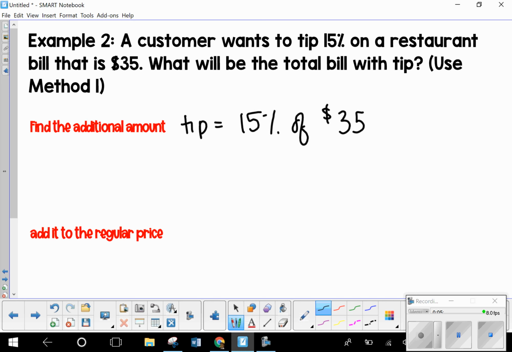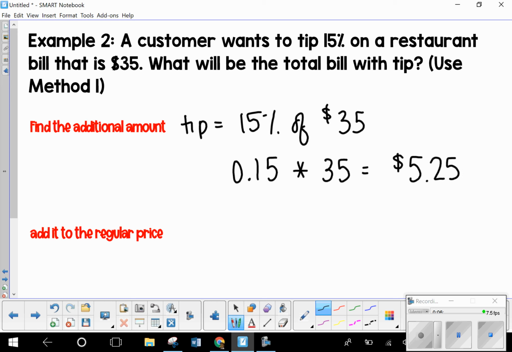So first we're going to change this 15% into a decimal, which we divide by 100. So 15 divided by 100 is 0.15. Multiply that times $35, and we will get $5.25.